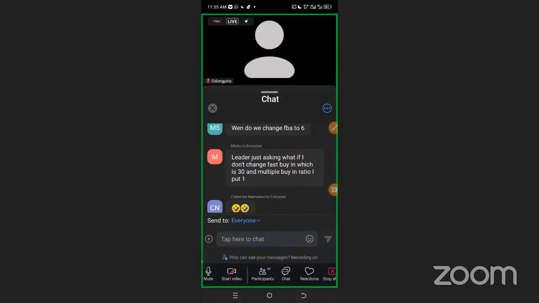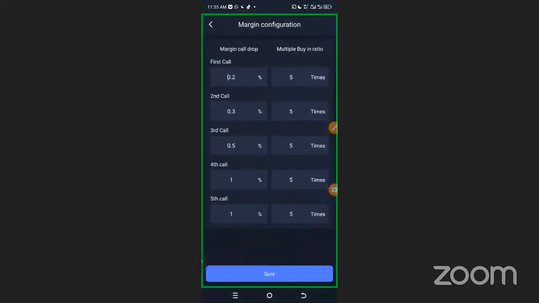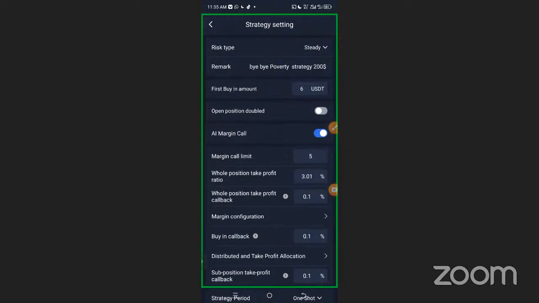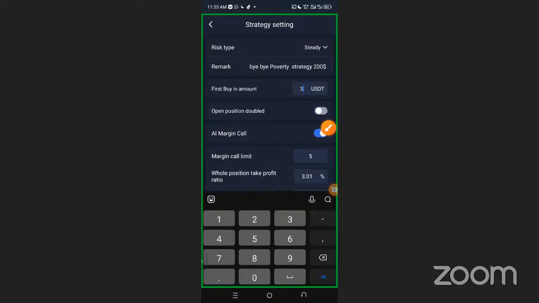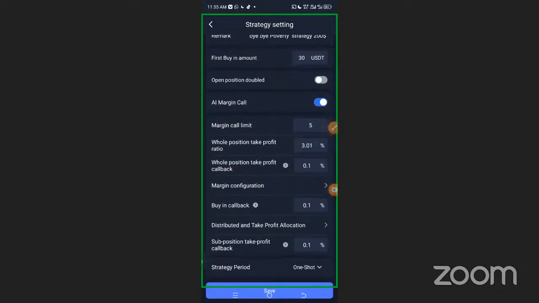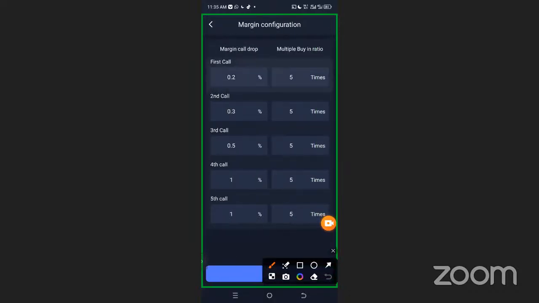What if you don't change? Someone is asking me, if you don't change your first buy-in amount from 30 to 6, what are you commanding your robot? If you put 30 here and it remains 30, you are telling the robot that when the market drops by 0.2, you are buying 5 times 30.